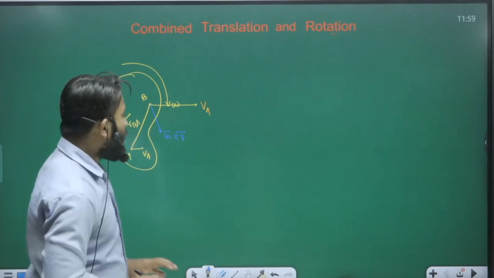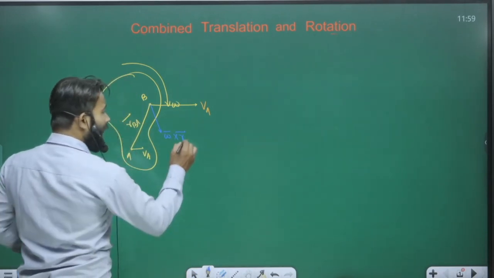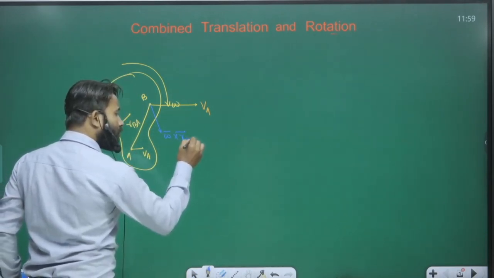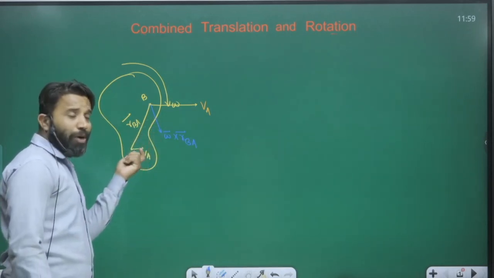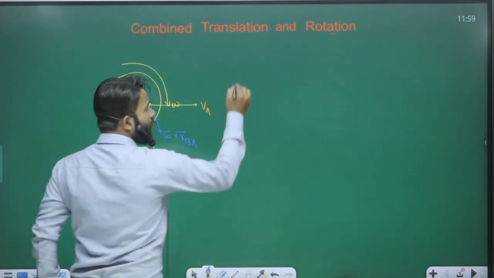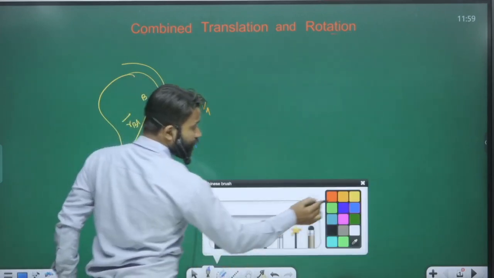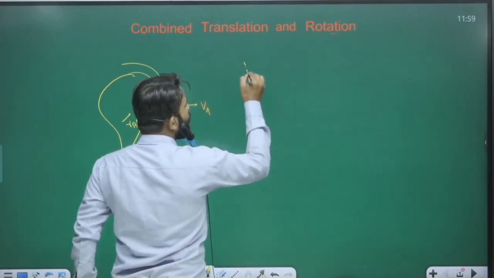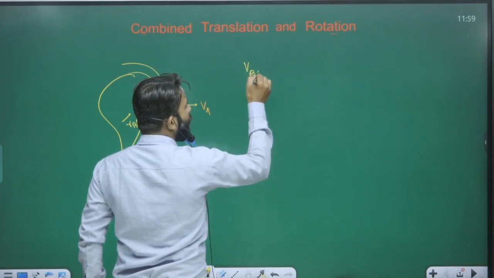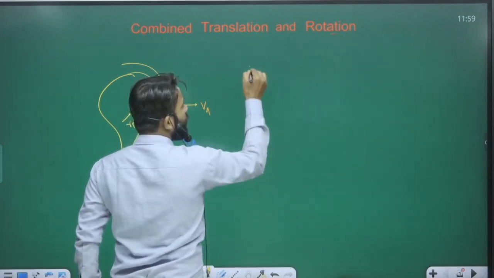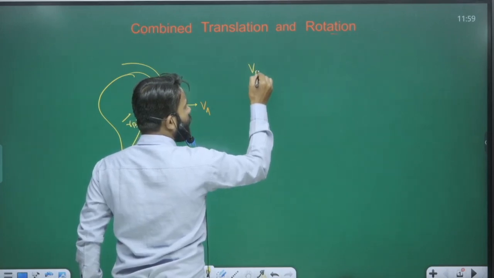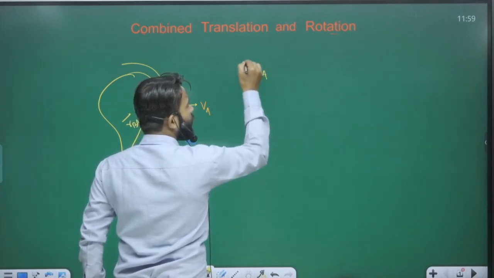Got my point? So in that case you will find the velocity of point B with respect to A, that is VBA.